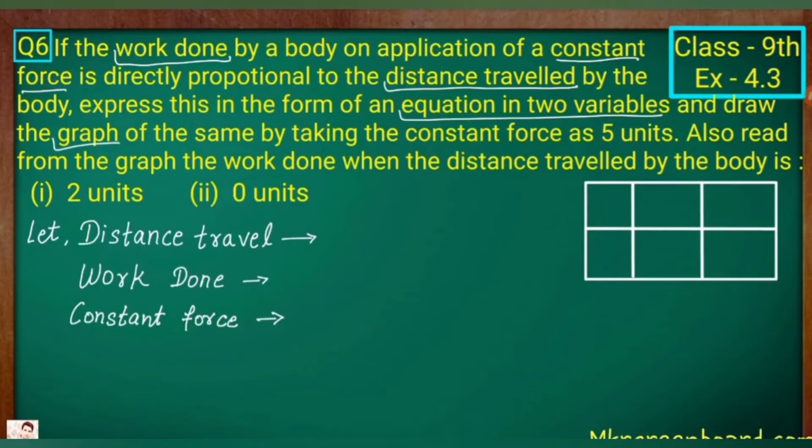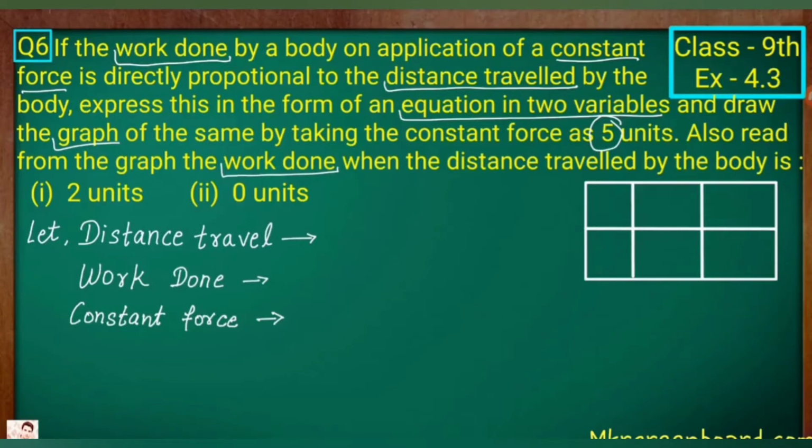Here the main statement is work done by a body is directly proportional to the distance travelled by the body. This is our important statement in the question. And they also mentioned a constant force of 5 units.